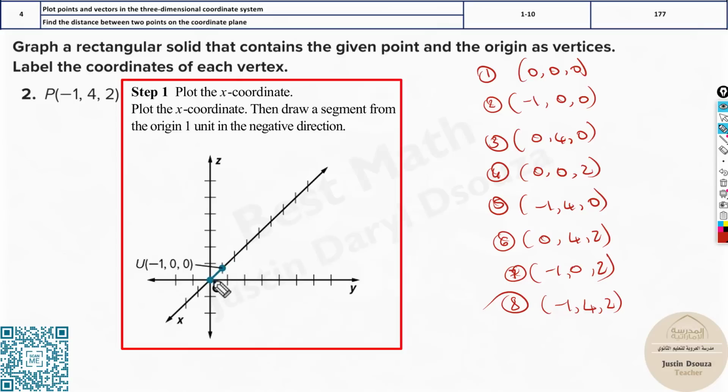The points already done are this. What happens is, see, now here it's going back. From 0, 0, 0, you go back by 1, that is -1. This is going back by 1. And then let's go 4 to the right because it's the y-axis. So from here, 1, 2, 3, 4, somewhere over here.